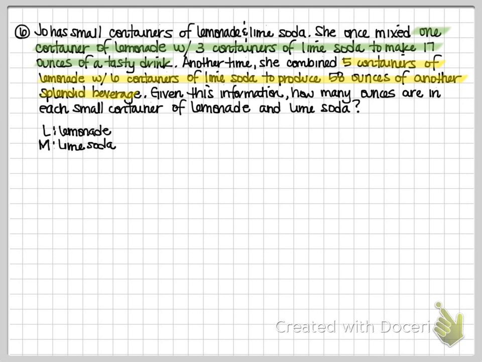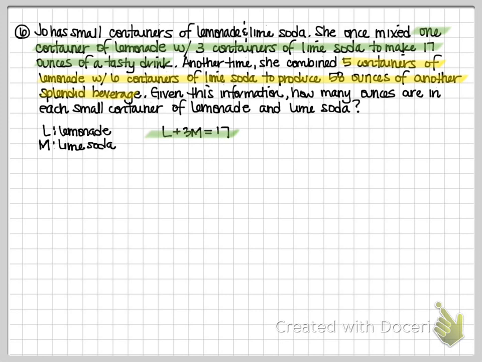So if I go through and I write an equation, it looks like 1 container of lemonade, so 1L plus 3 containers of lime soda, so 3M, and that gave me a total of 17 ounces. So if I add those two together, I should get 17. So there is the green information written as an equation.